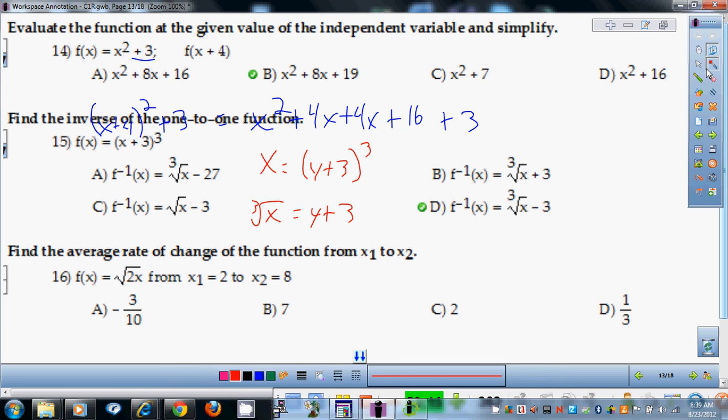I'll put in the easy part for you. Who can tell me what my y values were? What were my y values that I should have plugged into this problem?